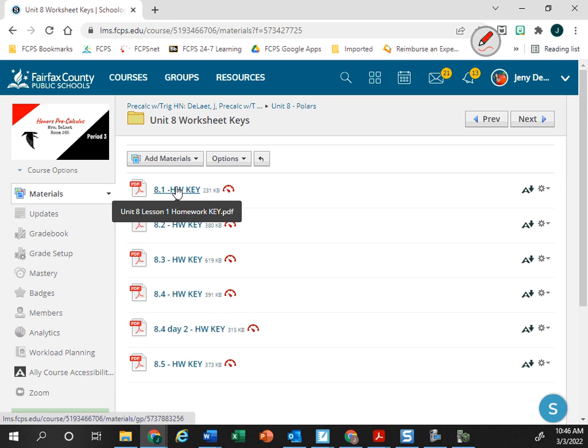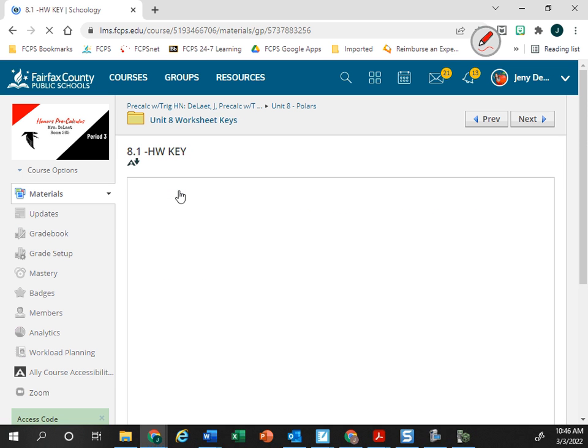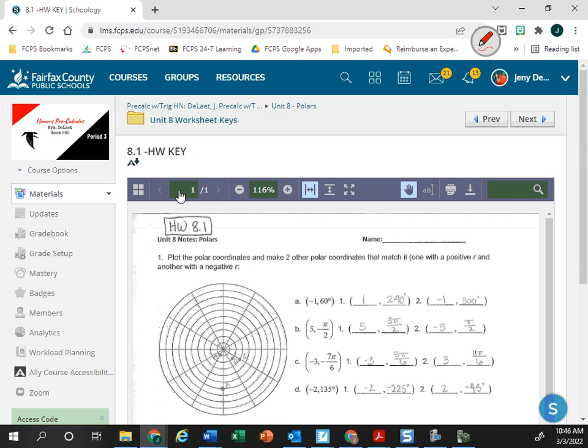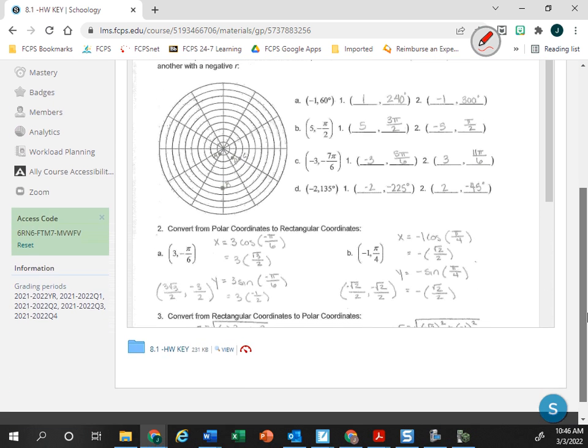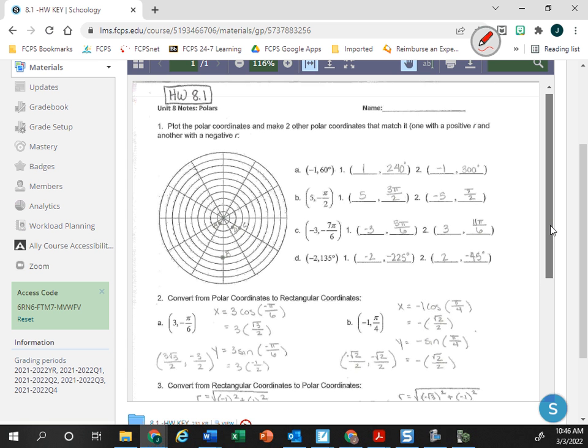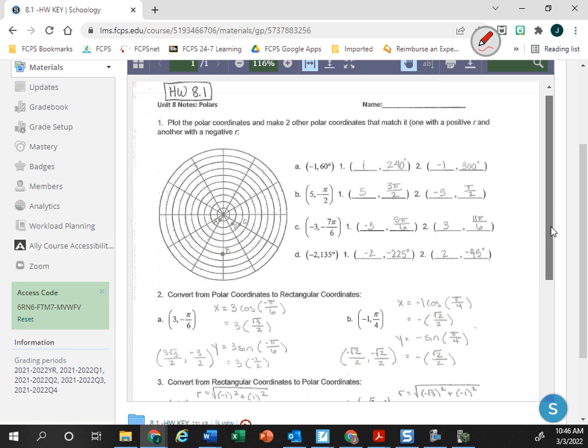This is there for you to check the homework for this unit. Obviously, it's not there for you to copy it. That's not going to help you prepare in any way for this unit, but it is there for you to check so you can make sure you're on the right track. I know there's a couple of mistakes on this key, but let's look at it. We'll start at the top here.